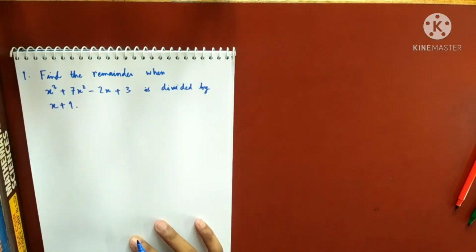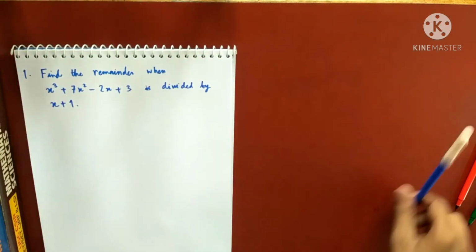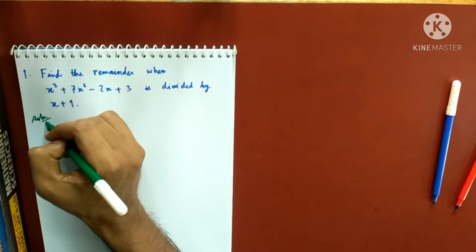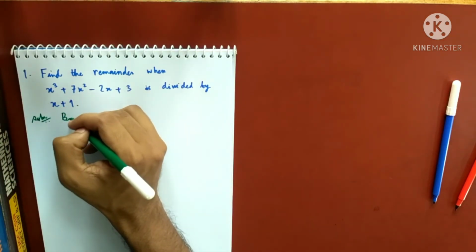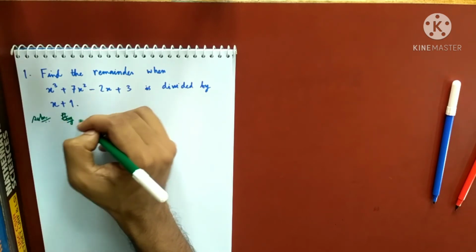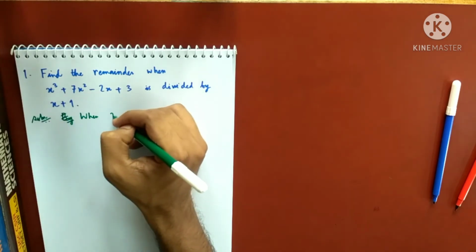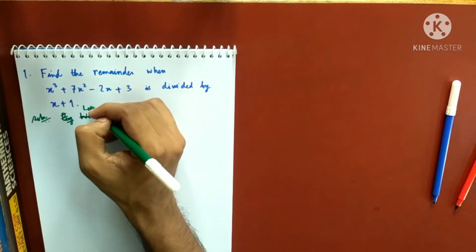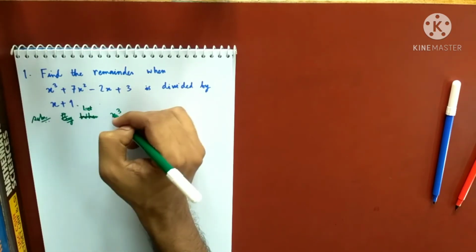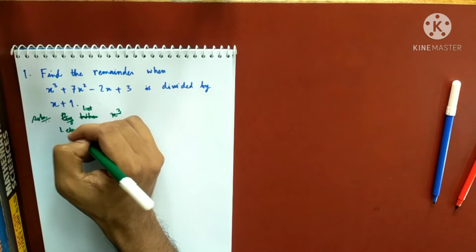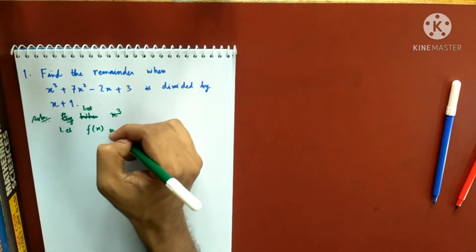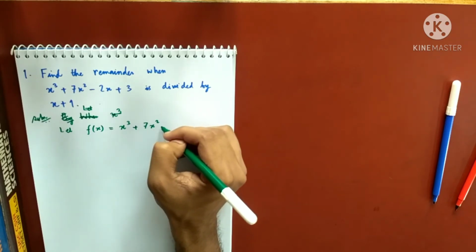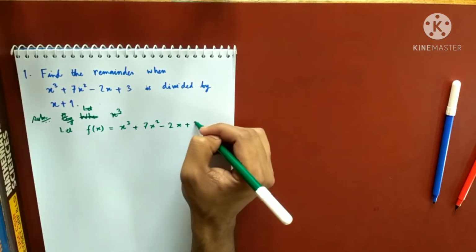So you have two methods. One is long division, otherwise the remainder theorem. So we are definitely going to use the remainder theorem. Let me give this polynomial a name. Suppose that the name of the polynomial is f(x).